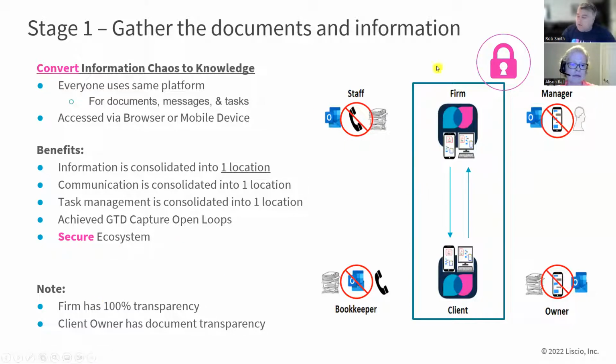The firm has 100% transparency and the client owner has document transparency. The owner is always going to be able to see whatever their staff or somebody they've assigned has sent. So it's transparent, it's secure, it's one, it's simple. And you're achieving getting things done, capturing the open loops because you're putting everything into one bucket. That's exactly right.